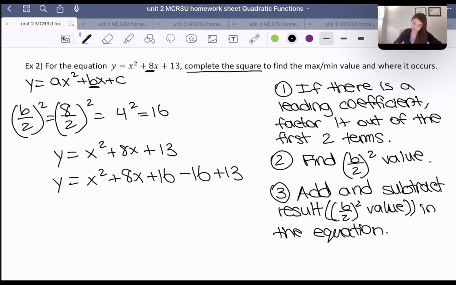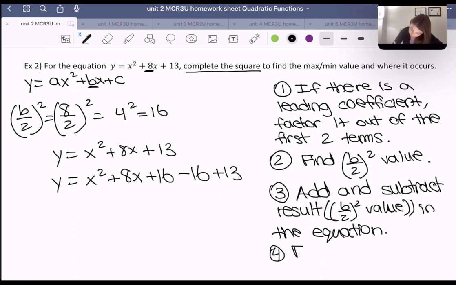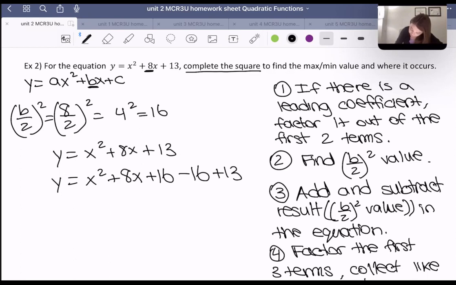Okay, let's do step 4, which is factor the first 3 terms and collect like terms, which is 2 things, so we can do it all in one. There's always a specific way to factor these first 3 terms because they're always going to be that perfect square method of factoring.